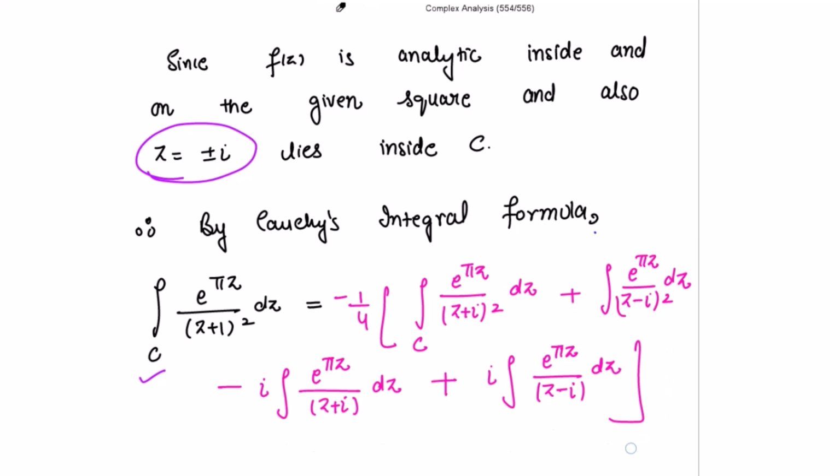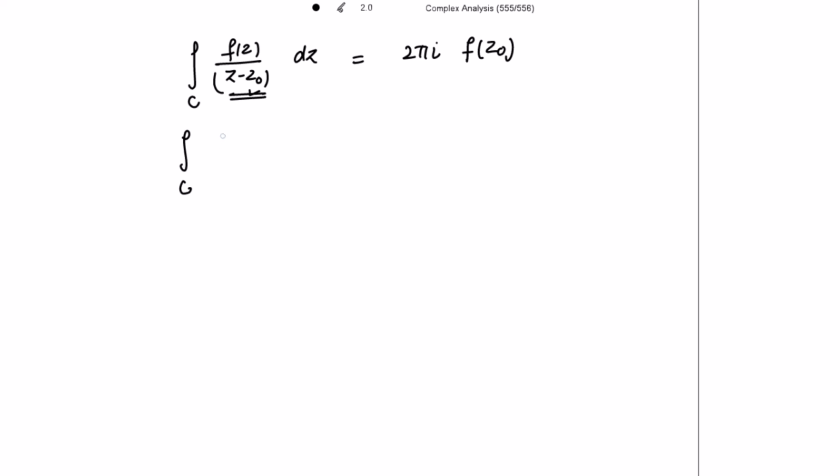And now we are going to evaluate all these 4 integrals according to the Cauchy's integral formula. What is that? Cauchy's integral formula for simple f(z) divided by z minus z naught with no power is equal to 2 pi iota multiplied with f at z naught. Please remember this format. Accordingly, then you take your z naught.